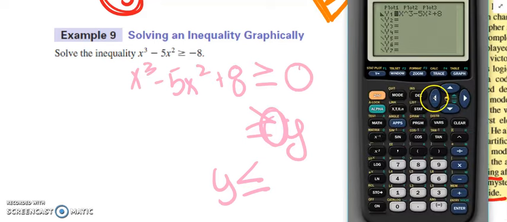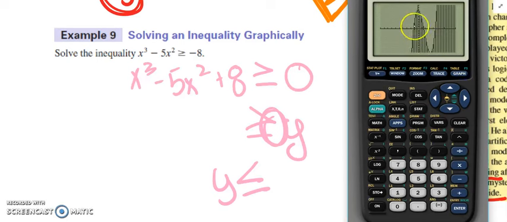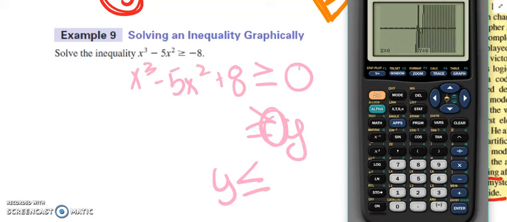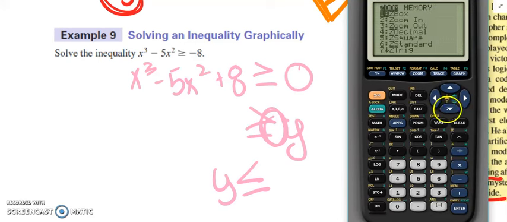So I'm going to come here and say less than, and I typed it in and graphed it, and it gives me less than. You can see it's kind of a roller coaster ride that a cubic function makes. I don't have a good view up here, so I'm going to zoom out. Now I have a better view. Still, it looks like it's going to go up a whole lot.